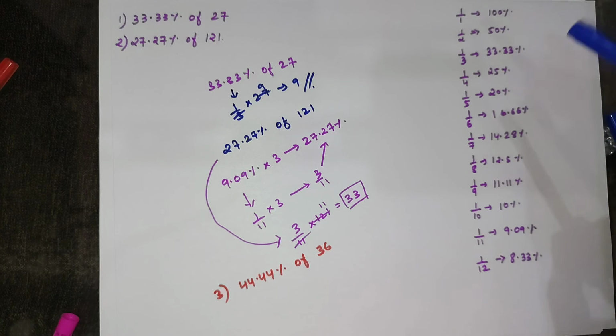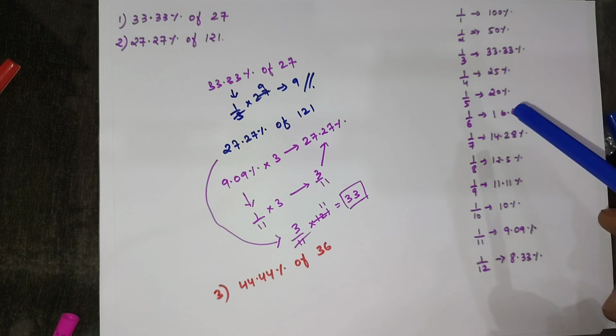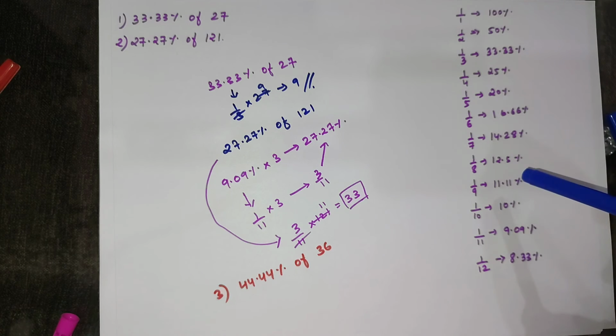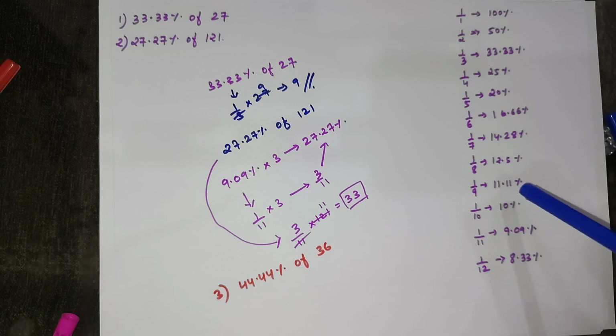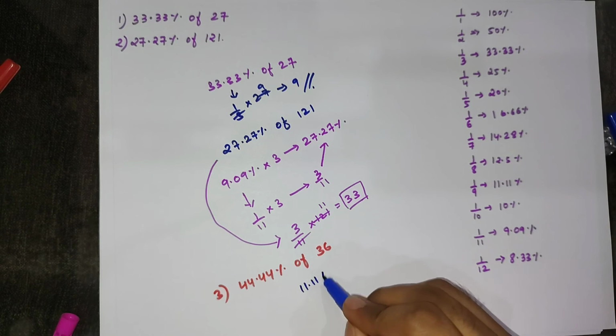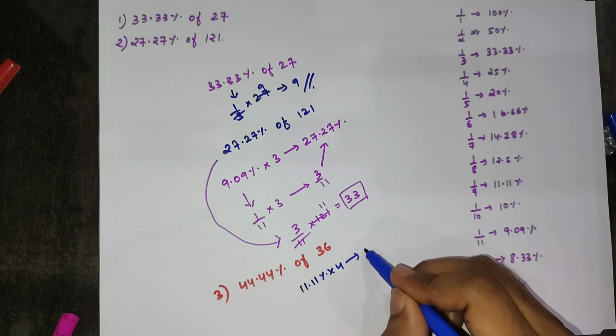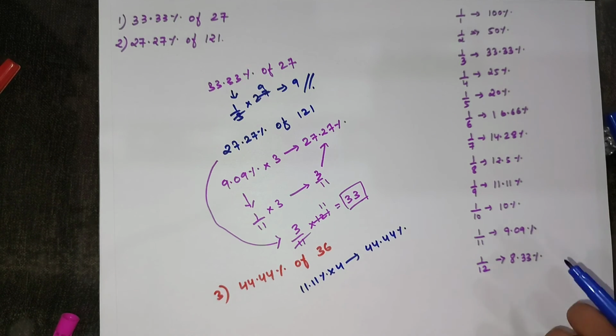But we can't find 44.44% again, and that's the problem. But now I told you a trick: if you are not finding that value, then try to multiply something to get that value. We can see easily that if we multiply 11.11% by 4, we can easily get 44.44%. It's quite obvious, we can see that directly.